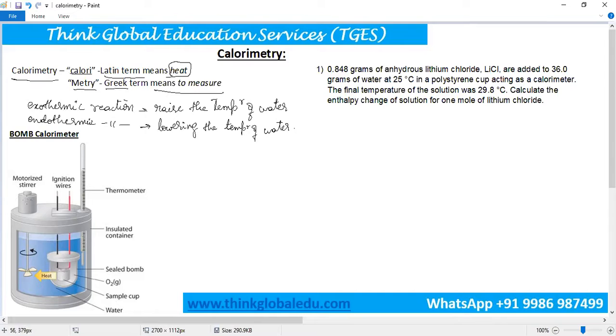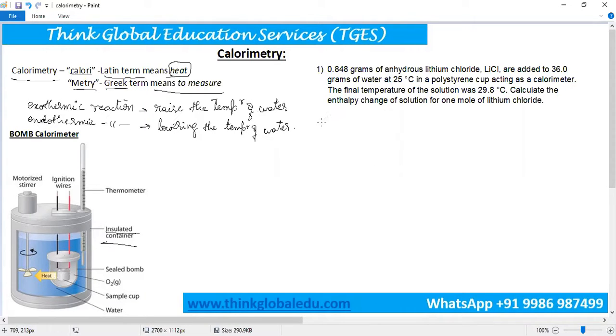And we have a stirrer to maintain a uniform temperature all through the system. The whole experimental setup is kept in an insulated container so that there would be no heat loss from the system to the surroundings.